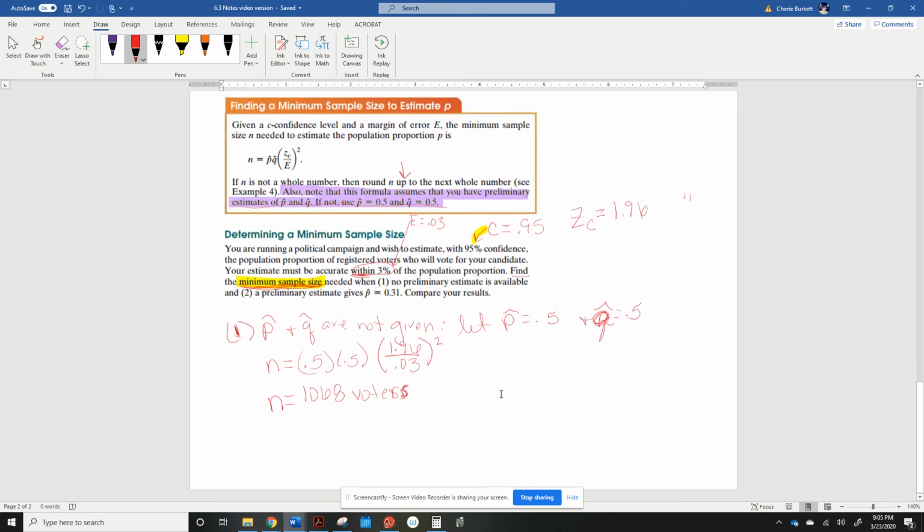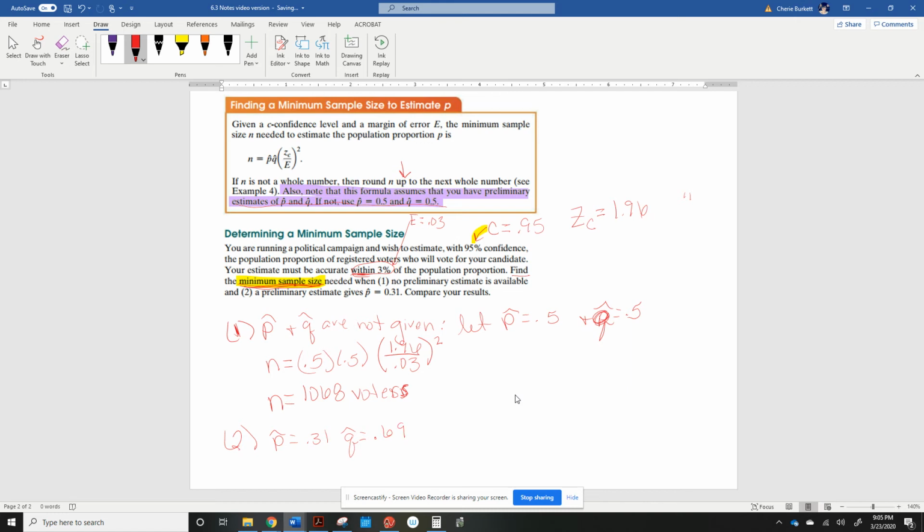Now, part 2 here, they do give us the p-values. So here they give us the p-values. So if p hat is 0.31, then we calculate q hat to be 1 minus 0.31, and I believe that is 0.69.